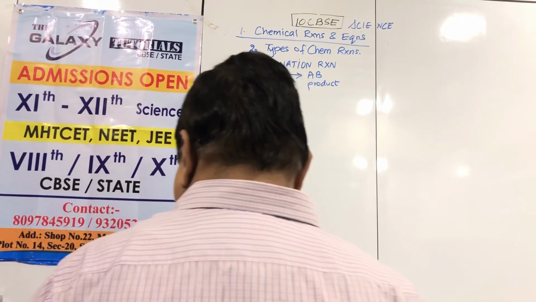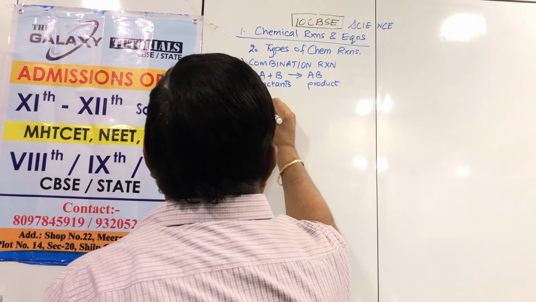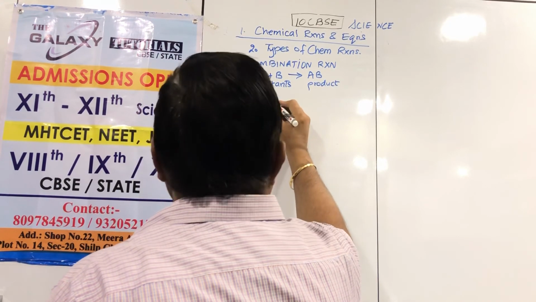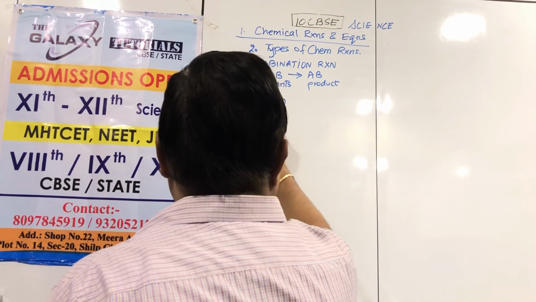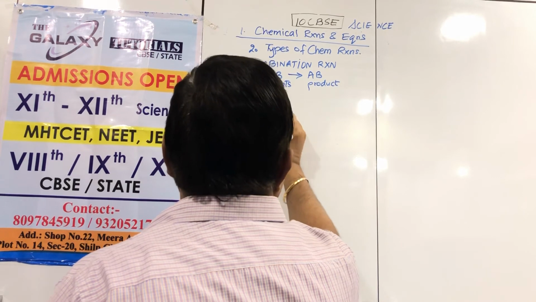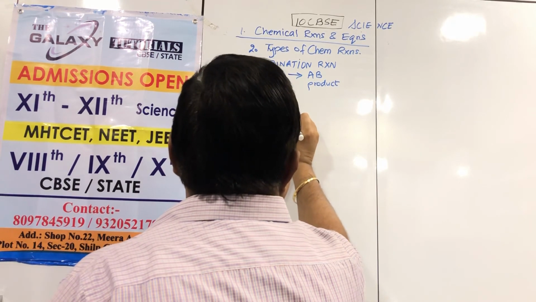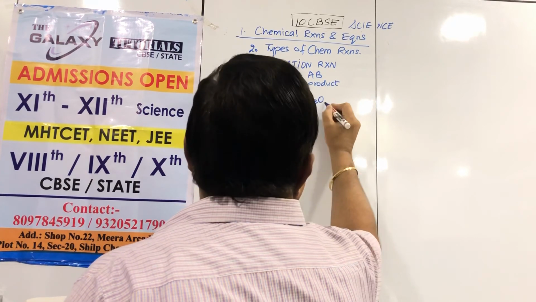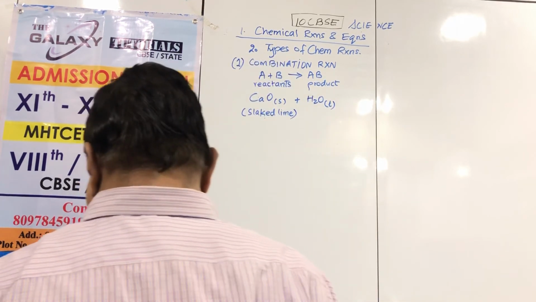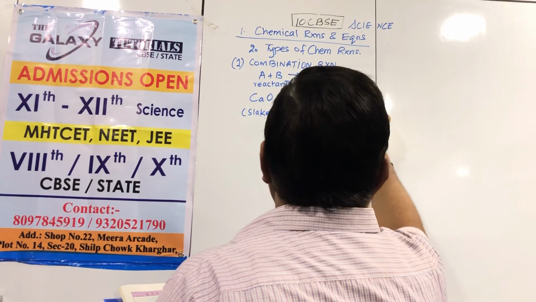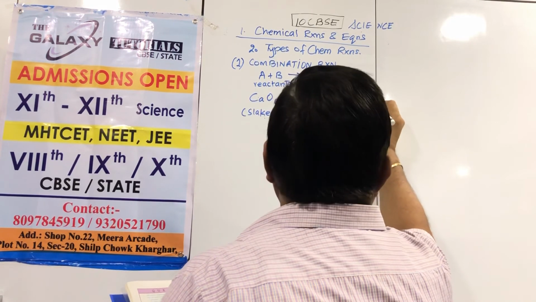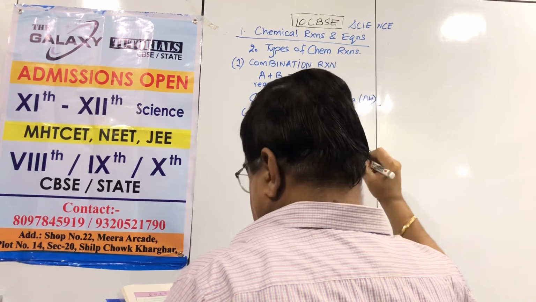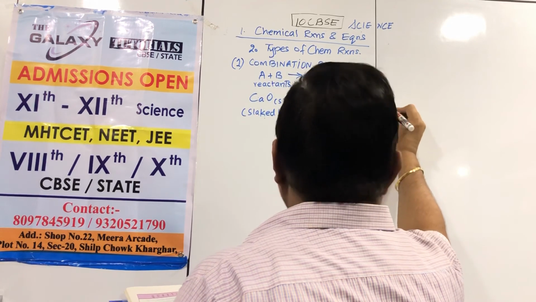The example given in the book is calcium oxide, solid, which is called quicklime, plus water, liquid, gives you calcium hydroxide, which is dissolved, aqueous.